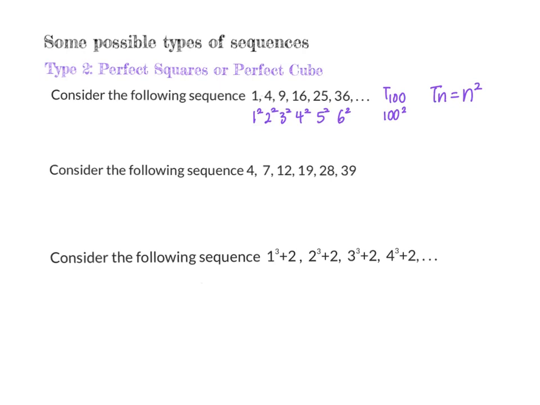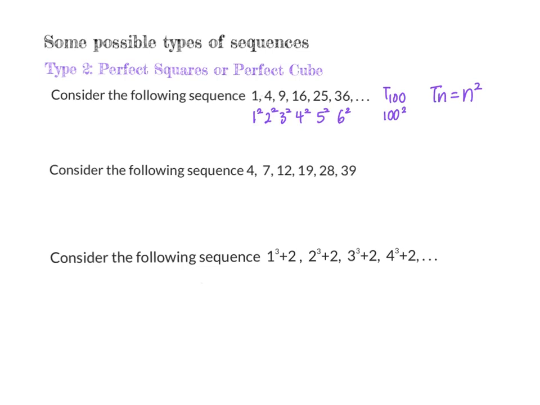Now let's consider the following sequence: 4, 7, 12, and so on. 4 plus 3 gives you 7, 7 plus 5 gives you 12, and so on and so forth. You see the numbers again, it's not a common difference. So I'm not going to use this pattern, but I observed that the numbers are growing bigger.